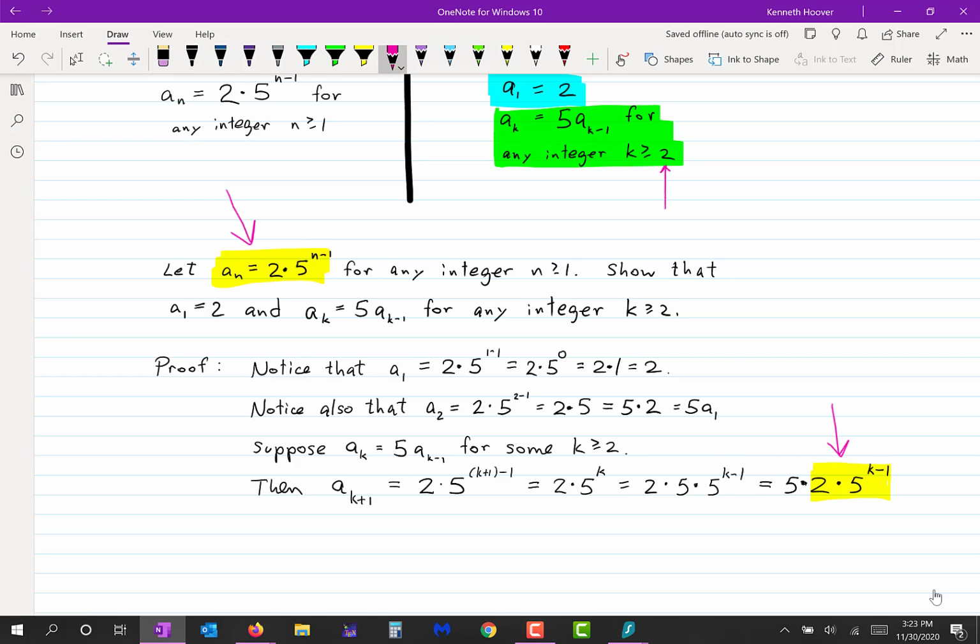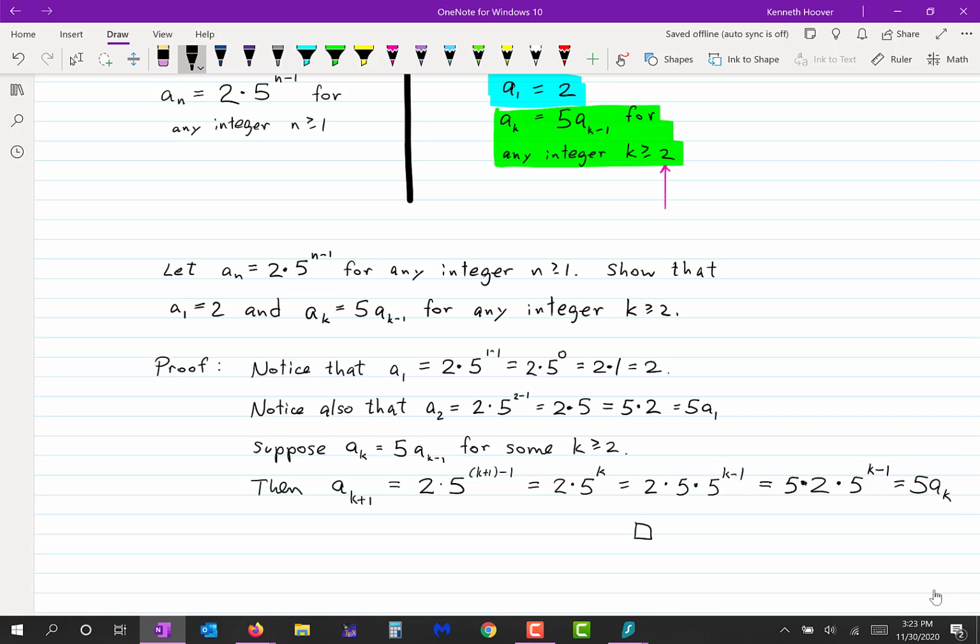Then wouldn't 2 times 5 to the k minus 1 be a sub k? So I have here 5 times a sub k. Guess what? That's what we were trying to get. We were trying to show that this equals this, and we just did it. Okay? So we're done. That's the proof.